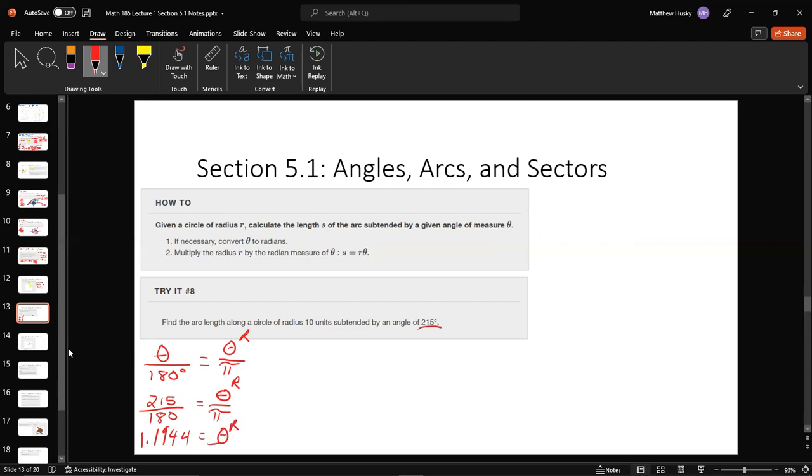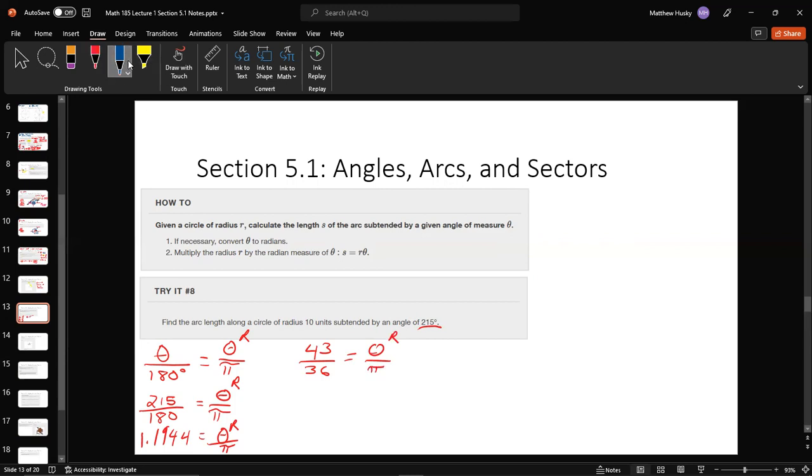So like we did before, you do math and then select the frac thing. That's 43 over 36. And that equals theta r over pi.